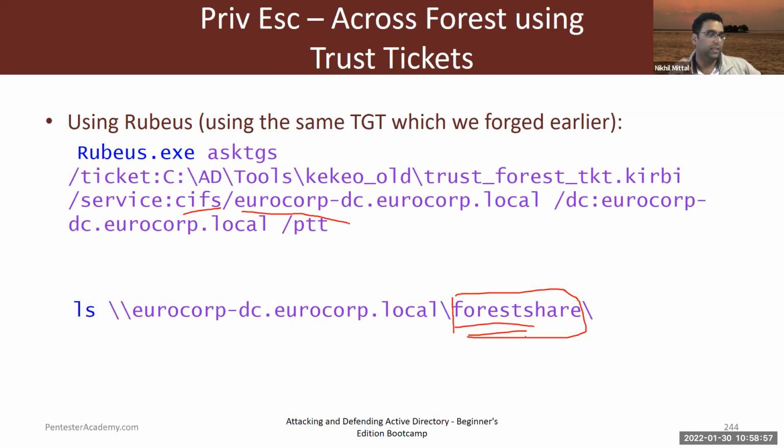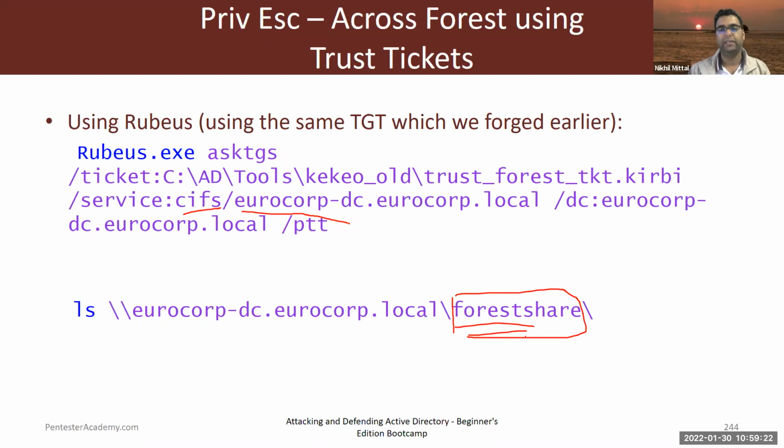Another option is that, because you have domain admin privileges in the current domain, you look in documents, emails, etc., for the resources that are explicitly shared with users in the other forest, and then go ahead and try and access them. So is this useful?